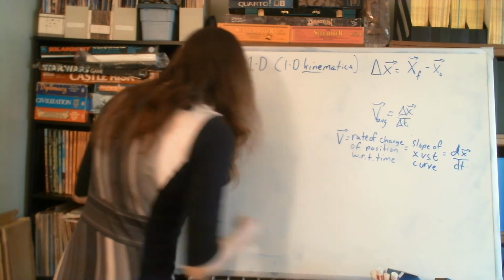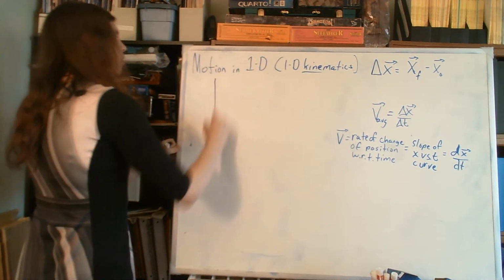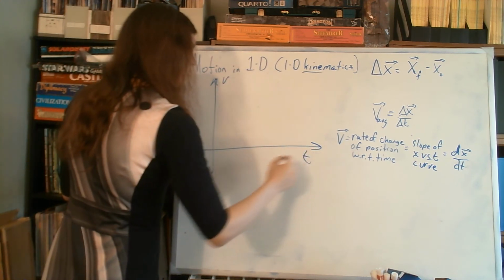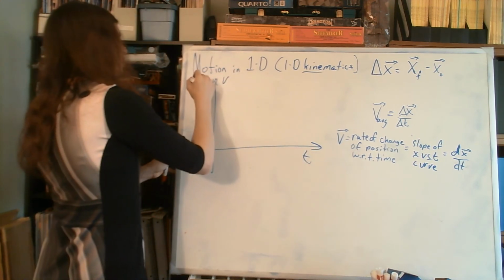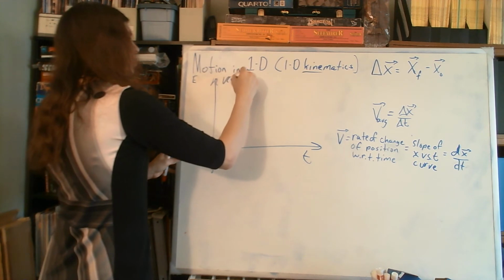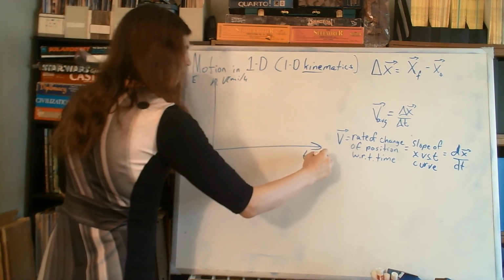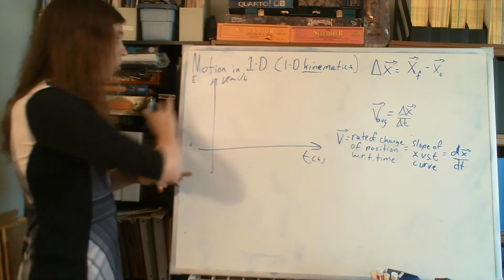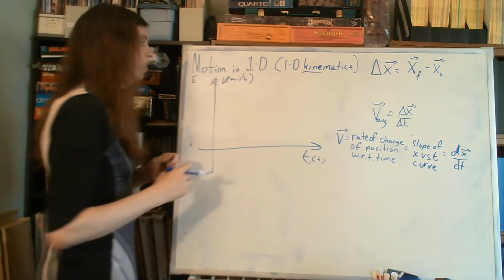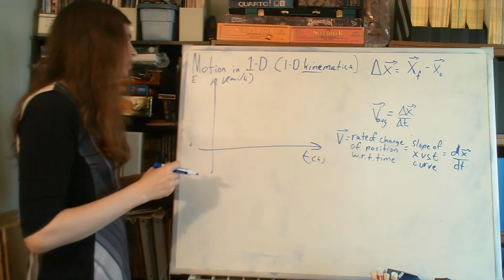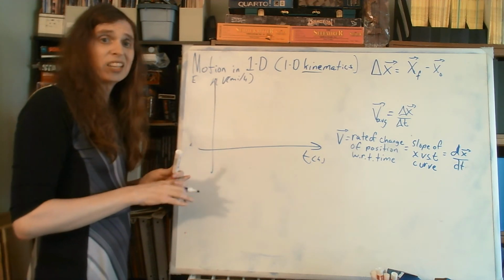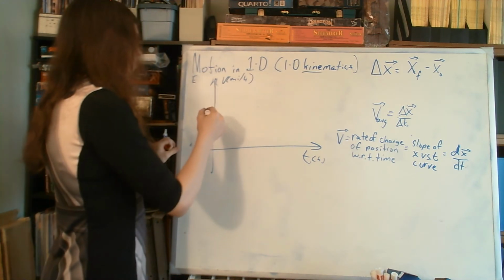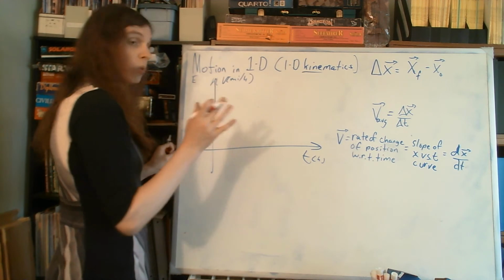All right, step back. If we have velocity and time here, this is like east, I don't know, miles per hour, this is hours, and we're cruising along here, and let's say instead our graph looks like this, we're changing our velocity.